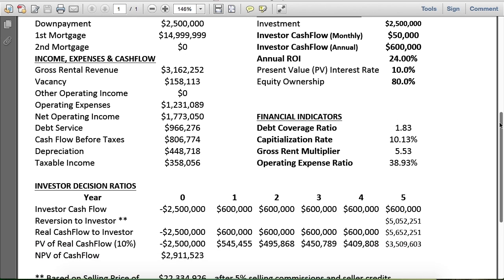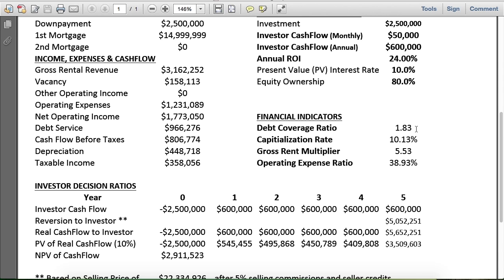Here is some very, very important ratios, especially dealing with multifamily. So your debt coverage ratio, also known as the debt service cover ratio, or the DSCR, that being at a 1.8 is very good. So what a 1 means is that your income that is coming in is just enough to cover the debt.